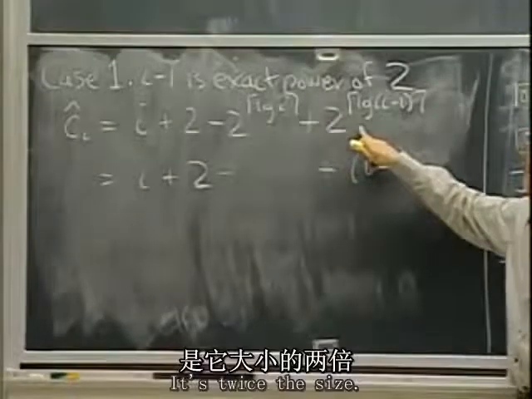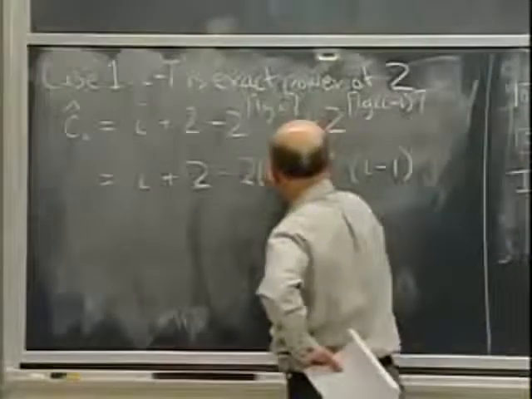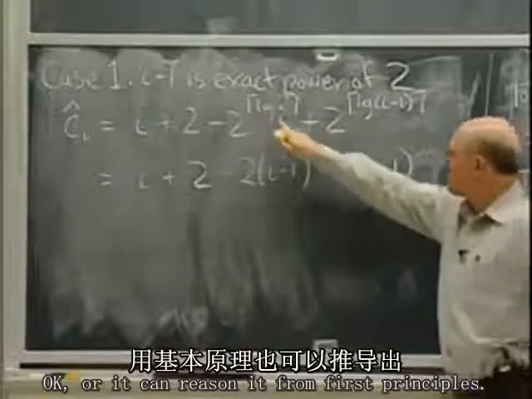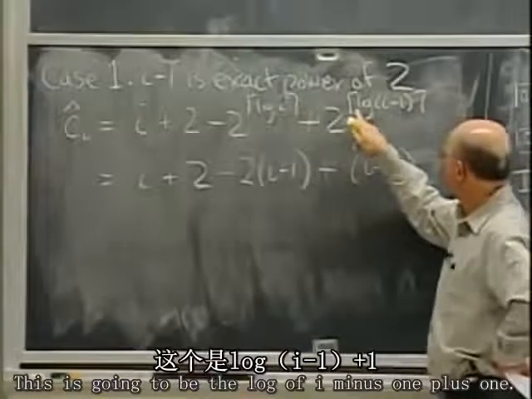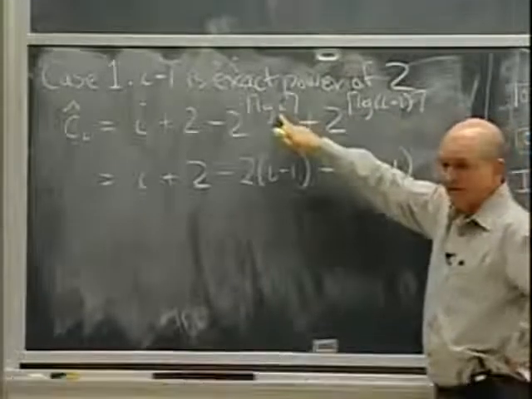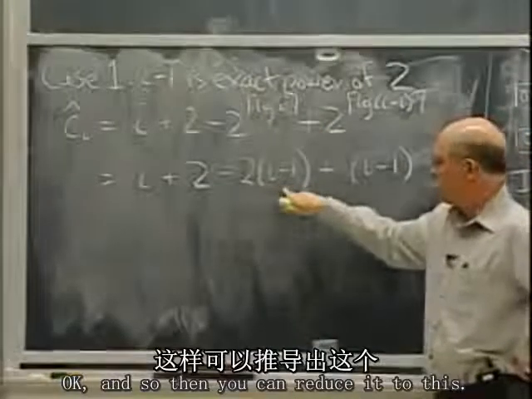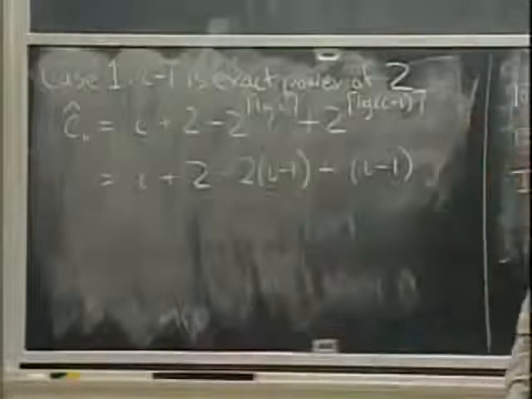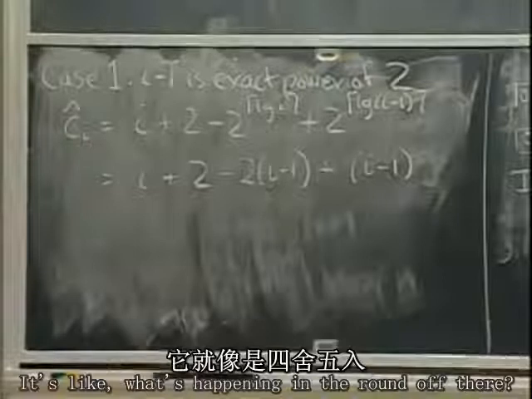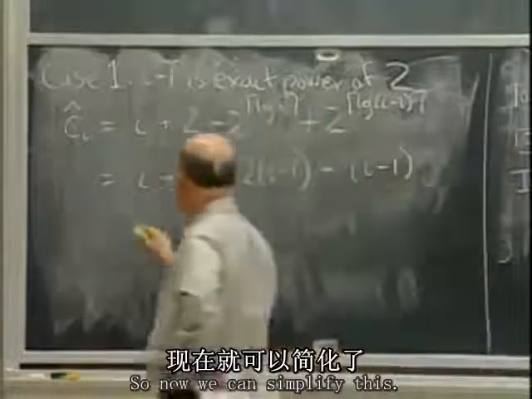It's twice the size. We know what this one is. Or we can reason it from first principles. This is going to be the log of I minus 1 plus 1. And so then you can reduce it to this. So you've got to think about those floors and ceilings. It's like what's happening in the round off there. Okay? So now we can simplify this.